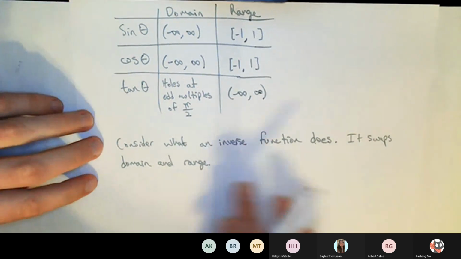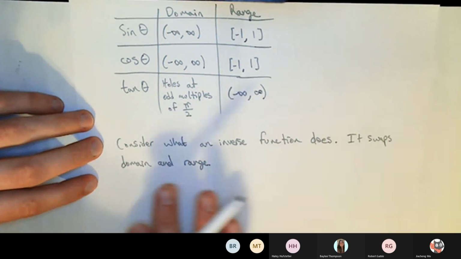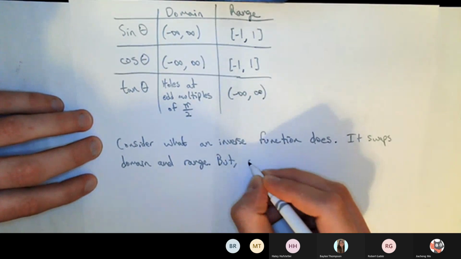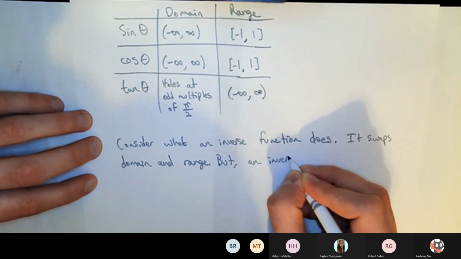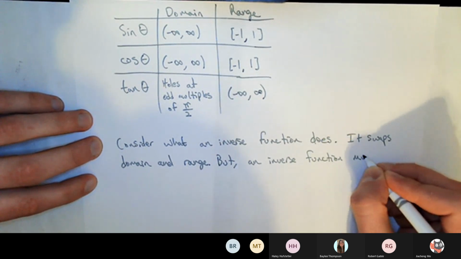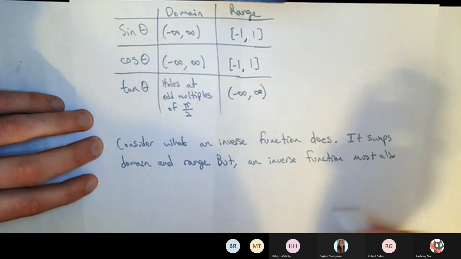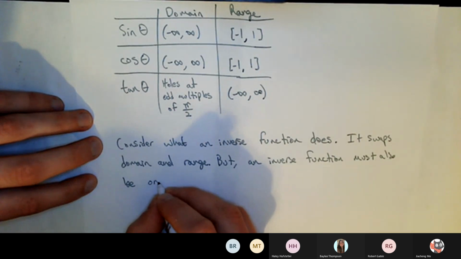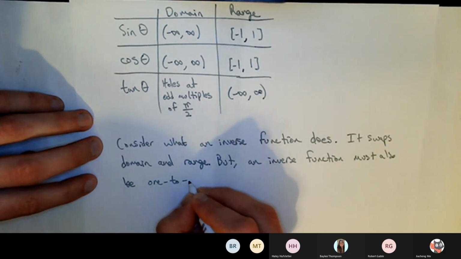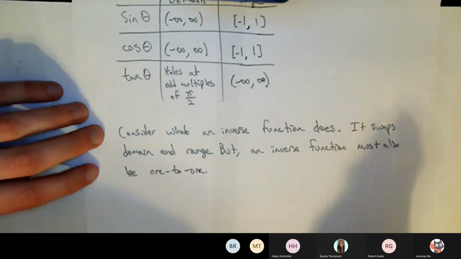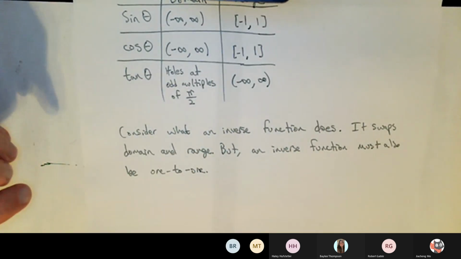So what do I mean by that? An inverse function swaps domain and range, but an inverse function must also be invertible. It must also be 1-to-1 or injective. I think we say 1-to-1 in pre-cal algebra. It must be 1-to-1.